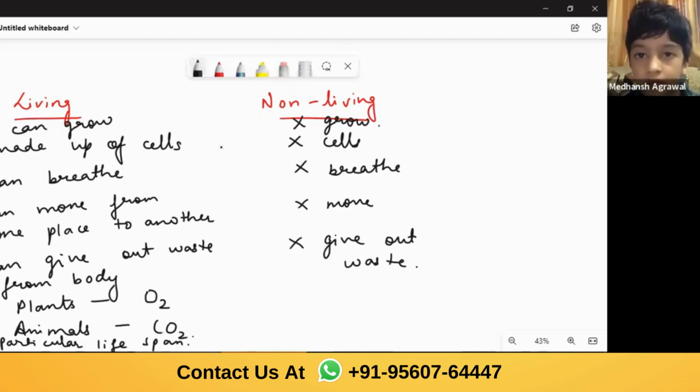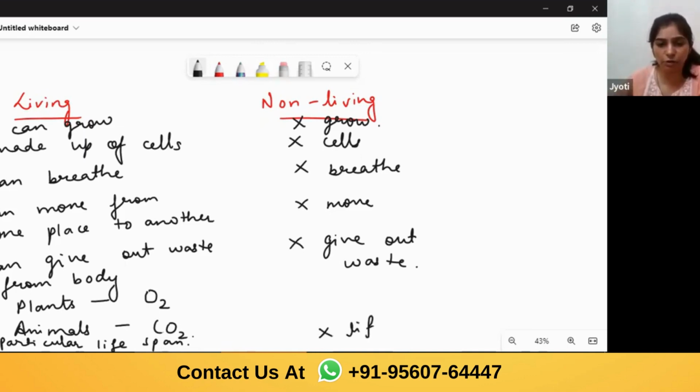A particular lifespan means they will take birth and they will die after whatever the age limit is. In human beings, we say the average age is 70, 75. Different animals or insects have their own lifespan: some live for months, some for days, some for hours. There is no such lifespan for non-living things.